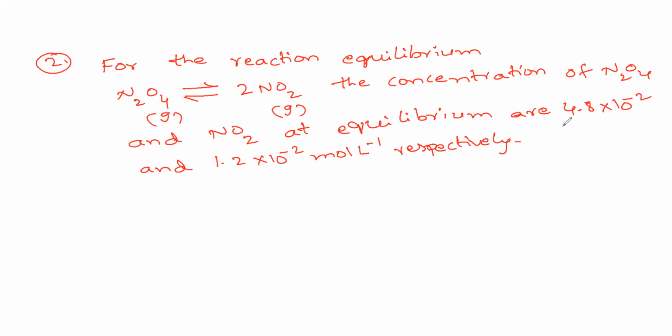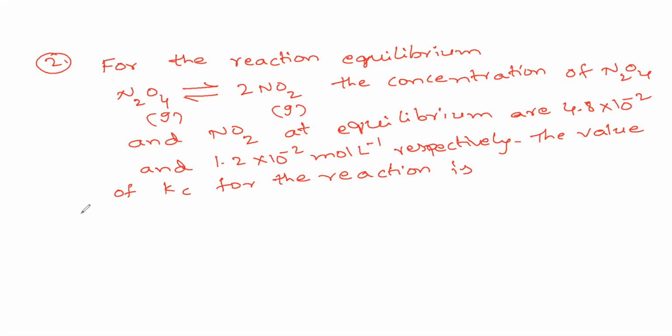The value of Kc for the reaction is, since we are discussing all the important models, we have to write it because these are selective questions. You will not get them from any single book.